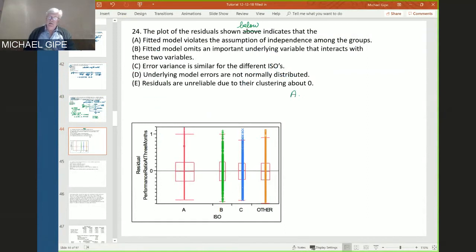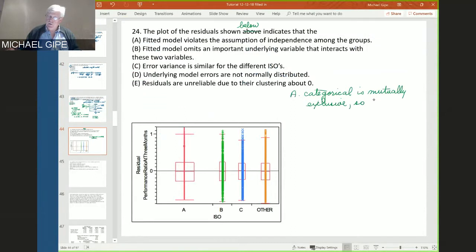Does this plot indicate that the fitted model violates the assumption of independence among the groups? Well, categorical is mutually exclusive. It can only be one of those things.